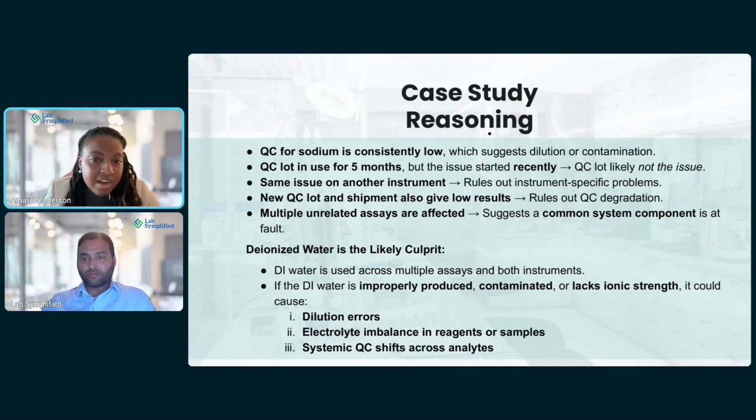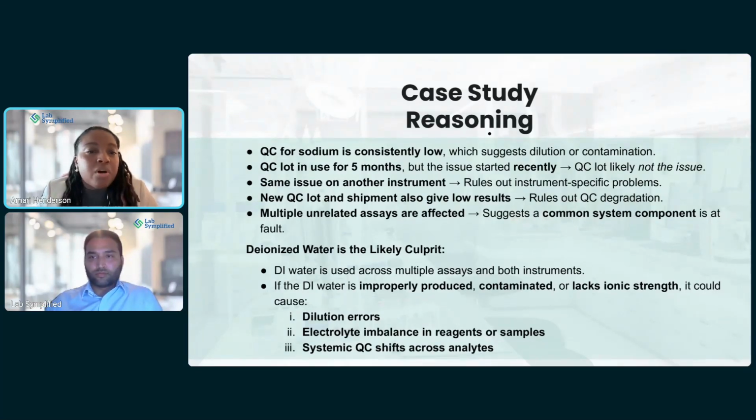This rules out instrument-specific problems because it's not very likely that both of your instruments are causing an issue at the same time. So it's likely not specifically your test system. And your new QC lot and shipment also give low results, so you've ruled out QC degradation issues as well.